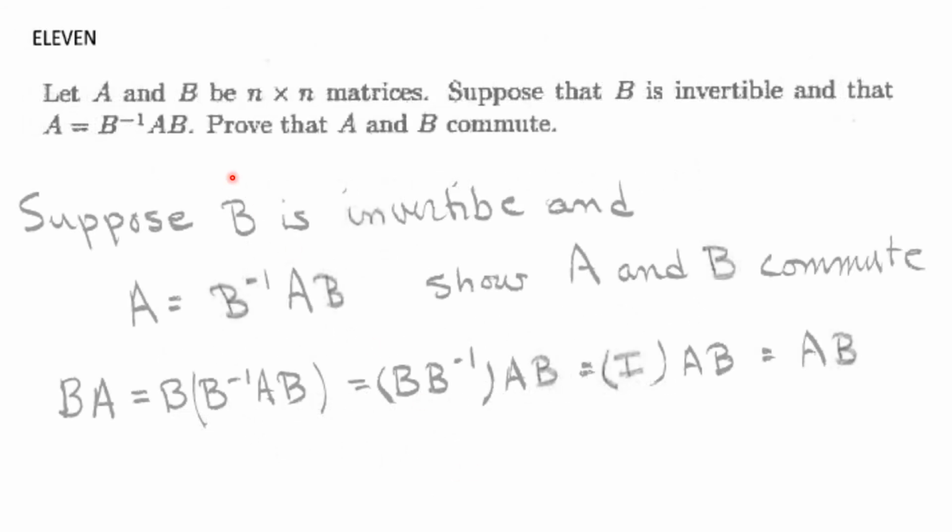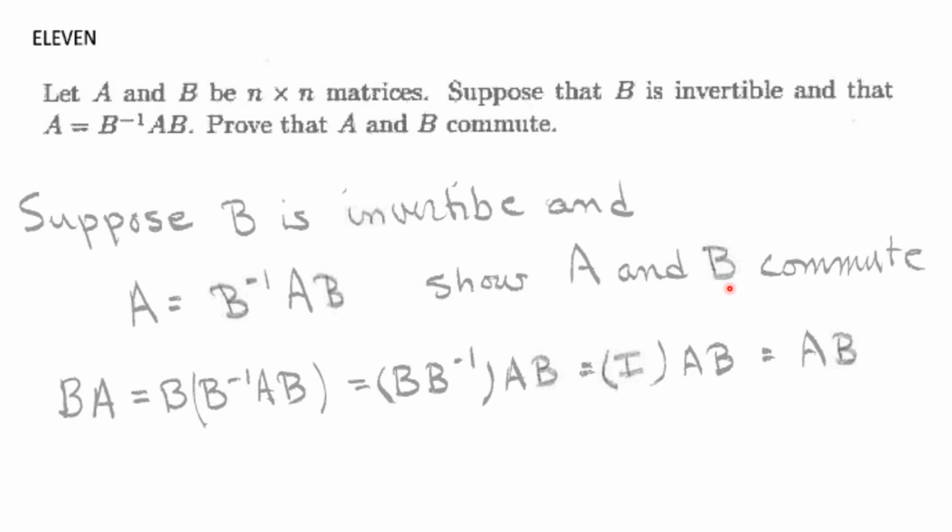Number 11, we were to prove that A and B commute if B is invertible and if A is B inverse AB. This, by the way, is something more general called the commutator, and it is actually an important thing in higher algebra courses. So let's do the proof. Suppose B is invertible and A is equal to this.